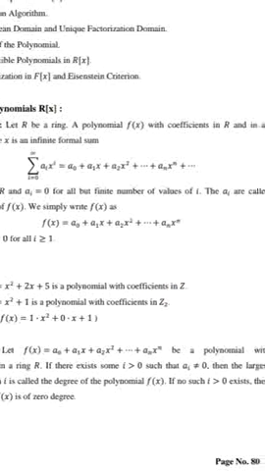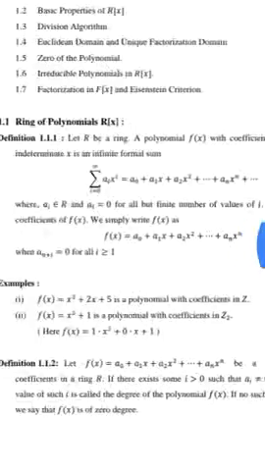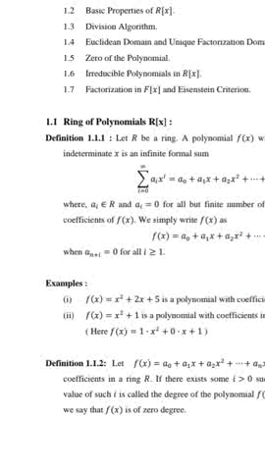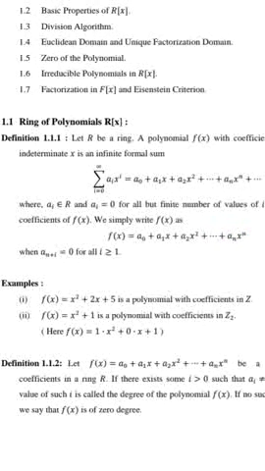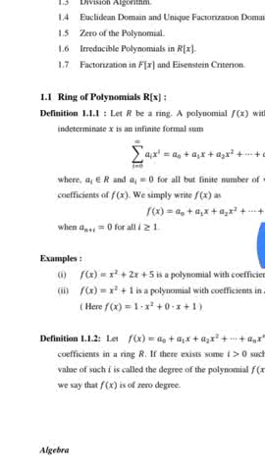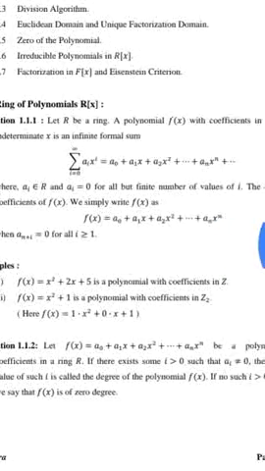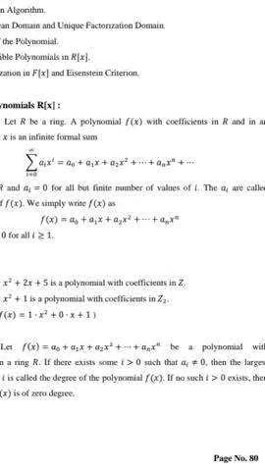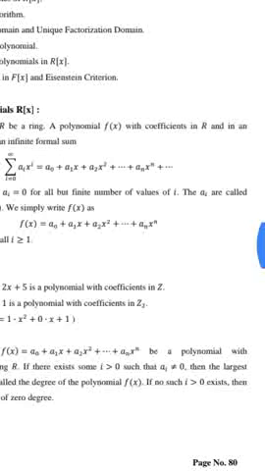A polynomial f(x) with coefficients in R in an indeterminate x is an infinite formal summation of a_i x^i, i equals 0 to infinity, equal to a0 plus a1x plus a2x² plus ... plus an x^n, where a_i belongs to R and a_i is equal to 0 for all but a finite number of values of i.